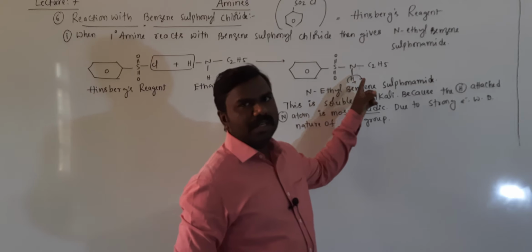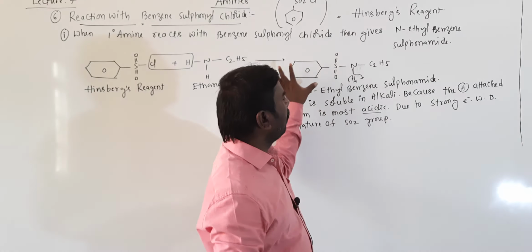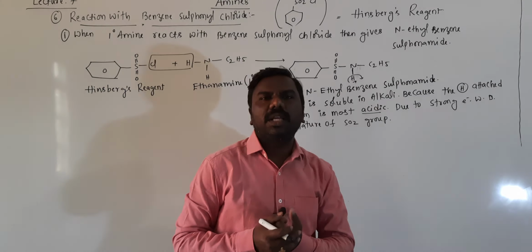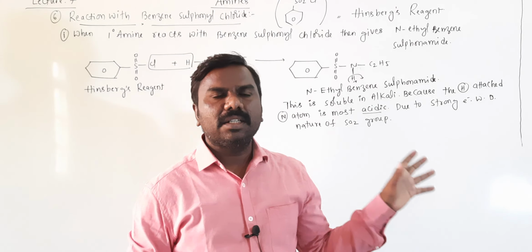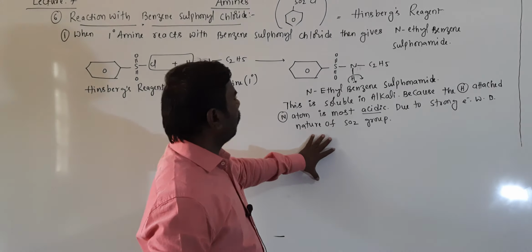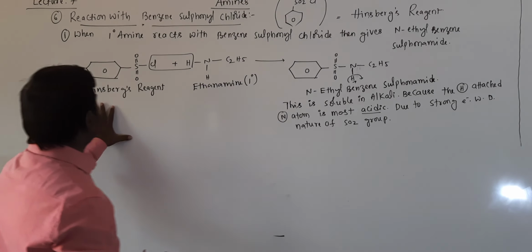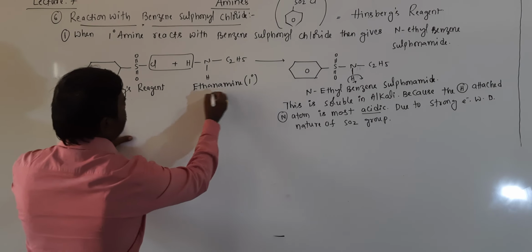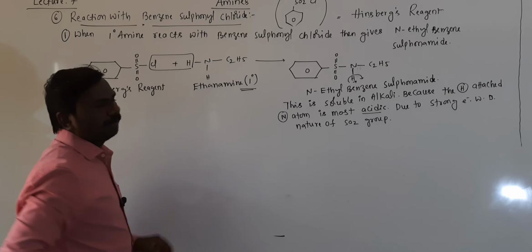H plus means acidic. Acidic compound will be soluble in which one? That is base. Hence it is soluble in base. If it is soluble in base, the compound is from a primary amine. Which amine? Primary amine.